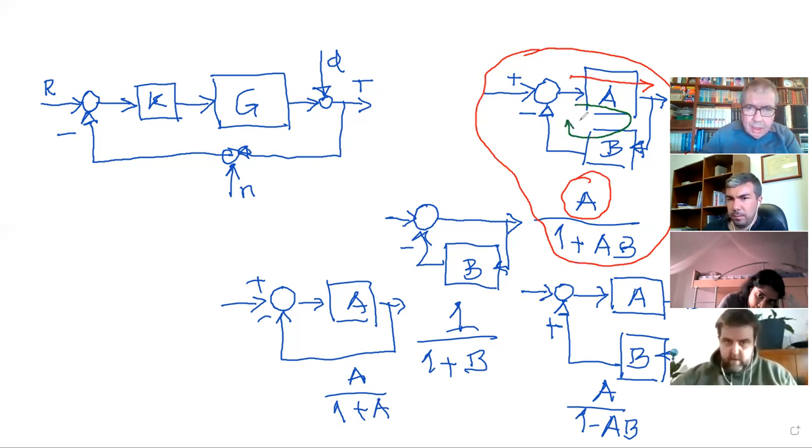This is the loop gain. So you go around this loop, you multiply all the gains, and all the gains are A and B. So it's 1 plus AB. Interesting. Okay? That's the way to memorize things.